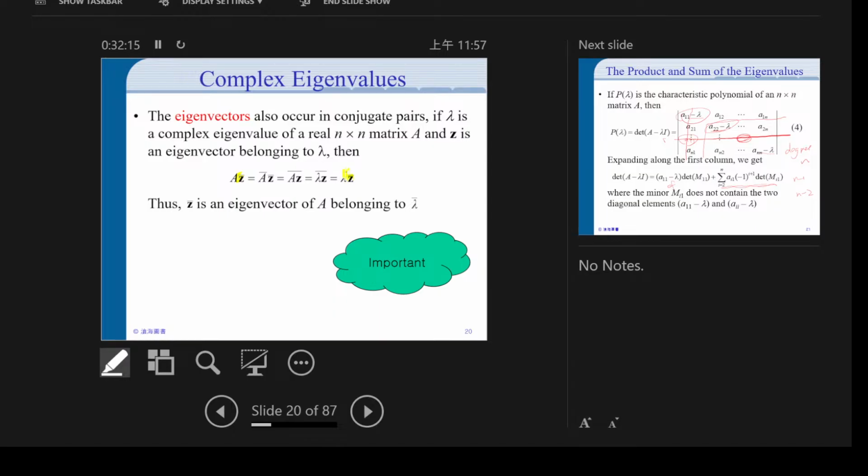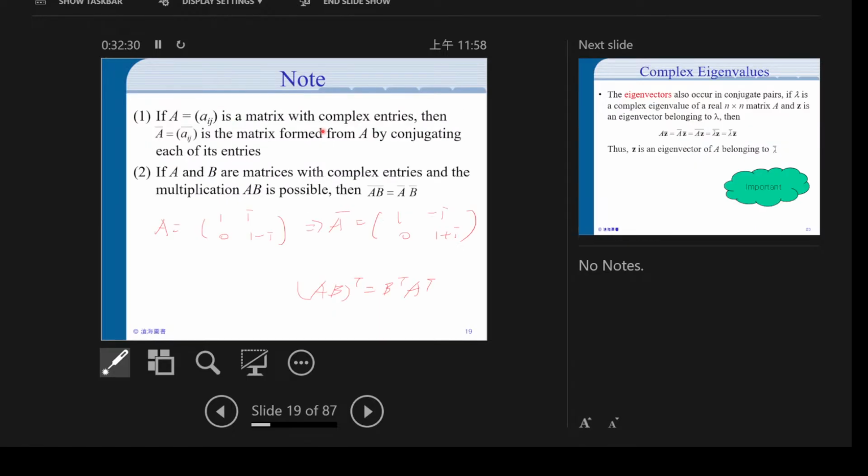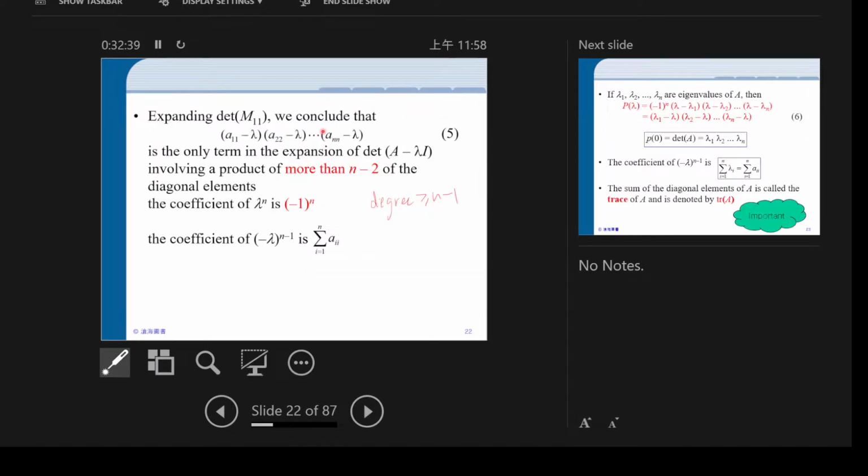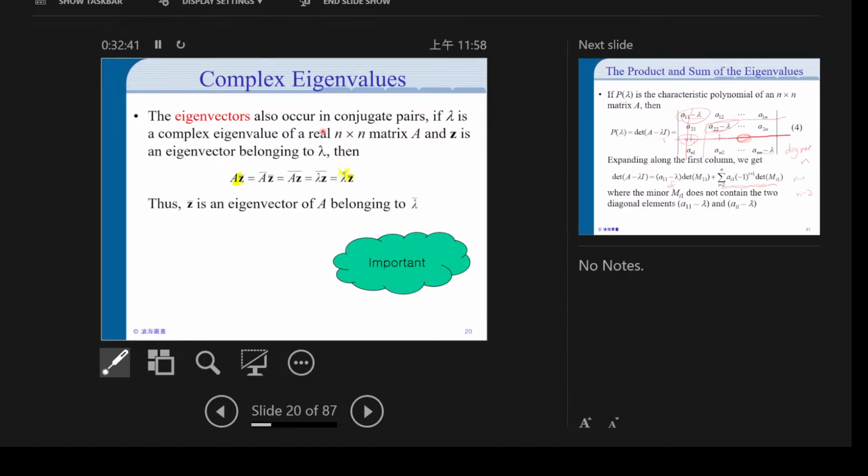Once again this is our eigenvector equation, so lambda bar is the eigenvalue corresponding to z bar. Okay, I guess this is a good stopping point. So this is about complex eigenvalues.